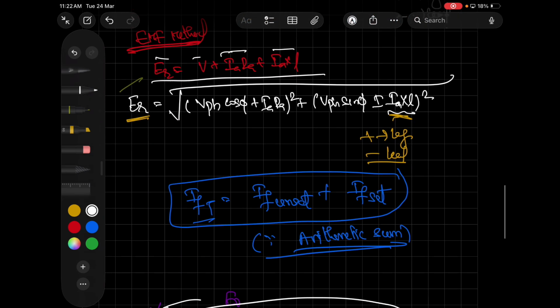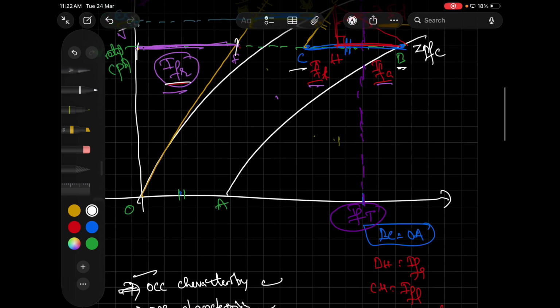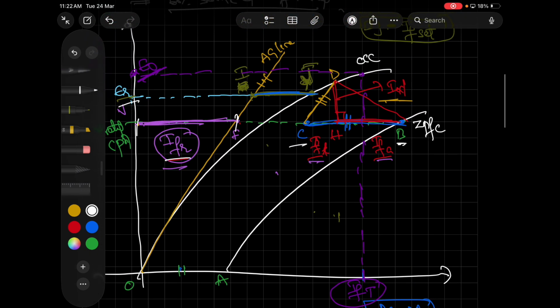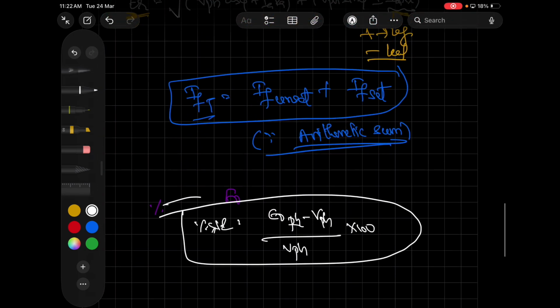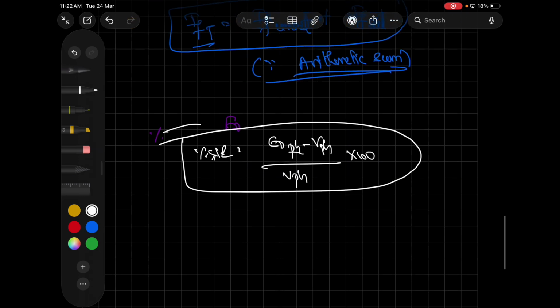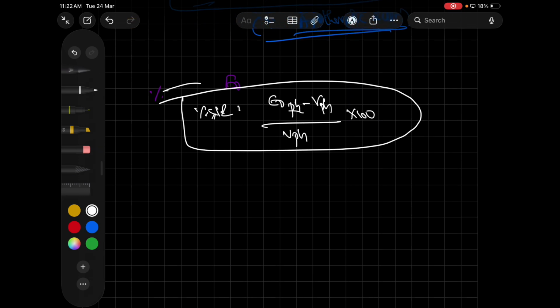Directly we get the total IFT. For the corresponding IFT, locate it on the x-axis, represent it on the OCC, and find the E0. Once we get E0, we can measure the percentage voltage regulation by using the ASA method.